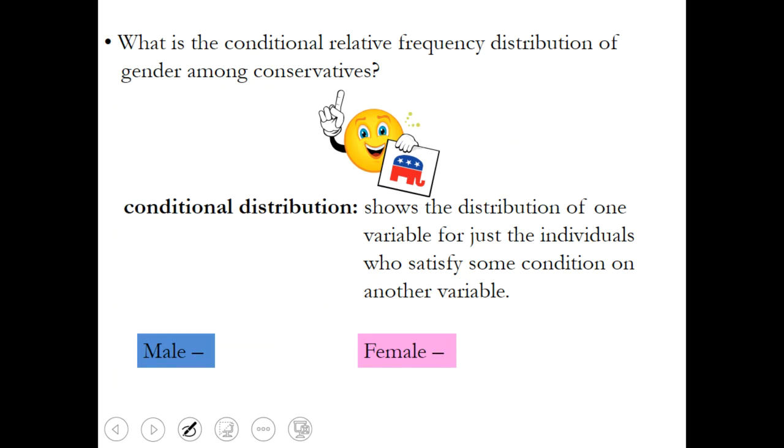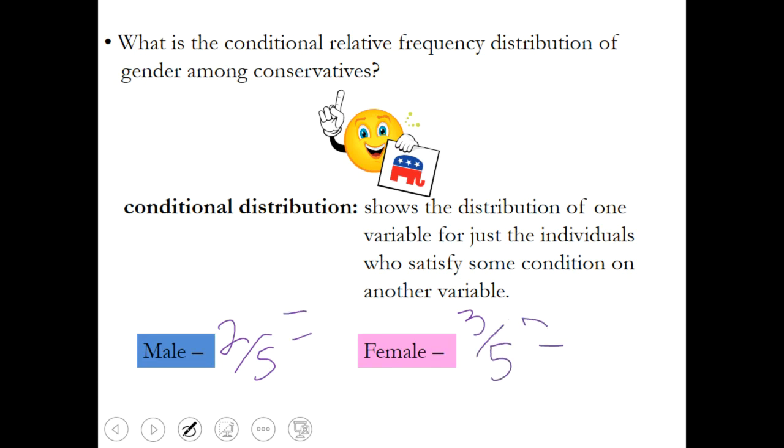In fact, I have that right here. It was a conditional relative frequency distribution of gender among conservatives. In this case, what percent of the conservatives identified as male? If you remember, for conservative, 2 out of the 5 were male, and 3 out of the 5 were female.